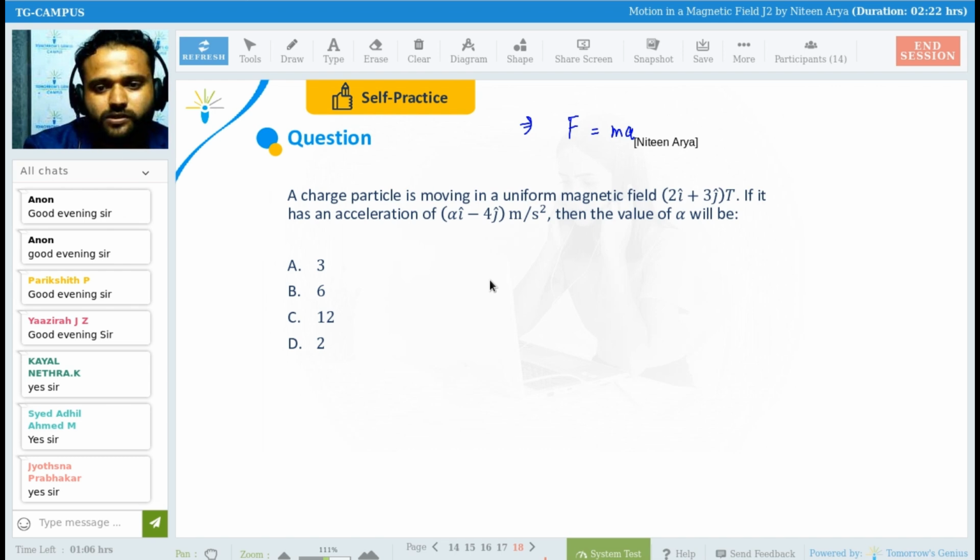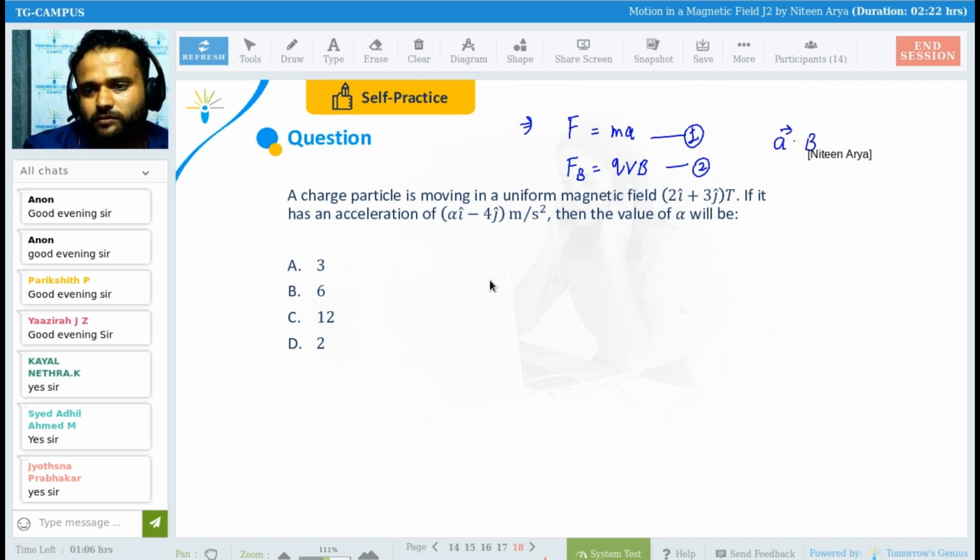One force, and Fb is equal to QVB, or you can say it this way. So simply, acceleration dot magnetic field is 0. Why so? Because we know this velocity.